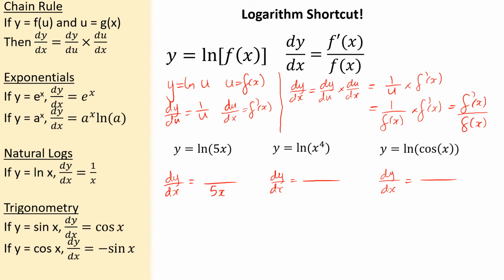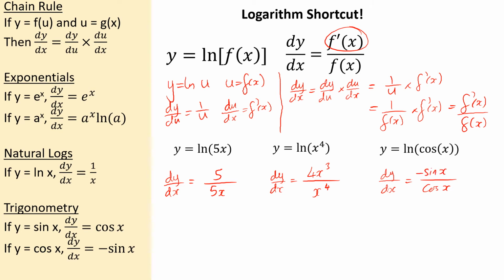So 5x goes here, and x to the 4 goes here, and cos x goes here. And then on the top of the fraction goes the differentiation of that. So the differentiation of 5x is 5. The differentiation of x to the power of 4 is 4x cubed. Differentiation of cos x is minus sine x.